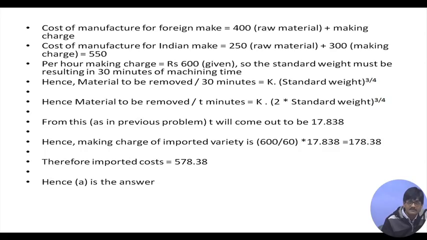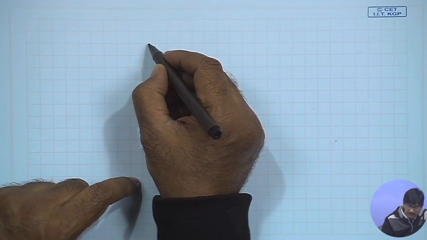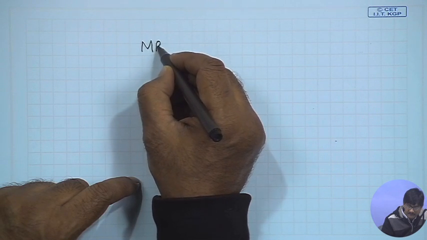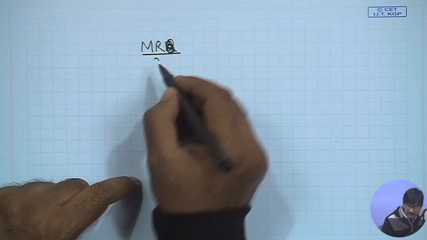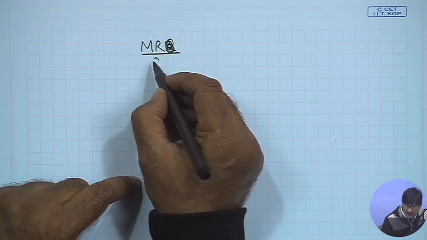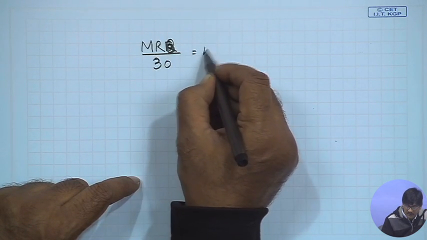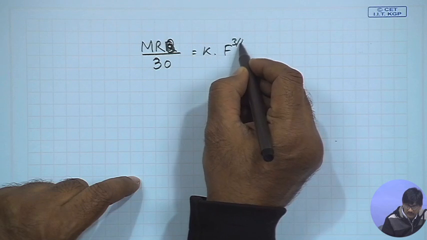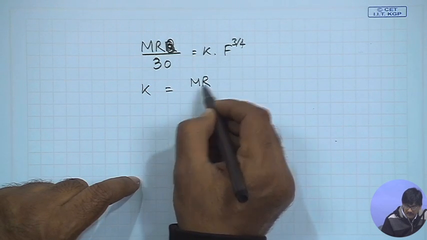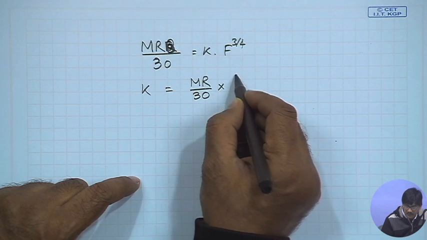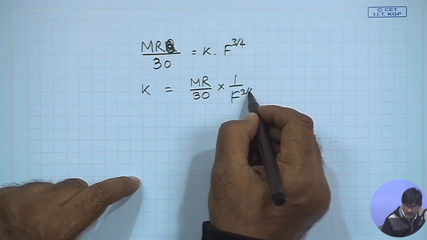So, look at this: in the first case, material removed by 30 is equal to K into F to the power 3/4. Therefore, K must be equal to MR by 30 into 1 by F to the power 3/4.